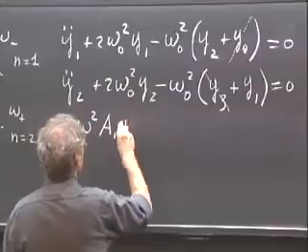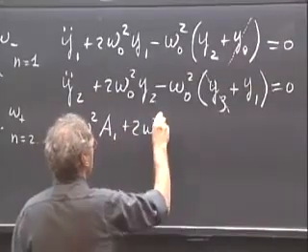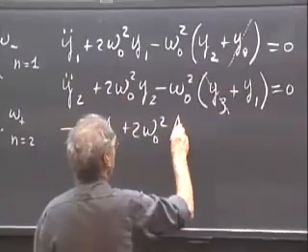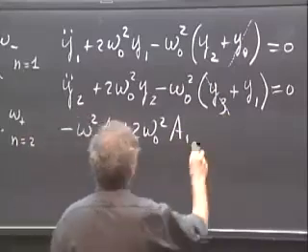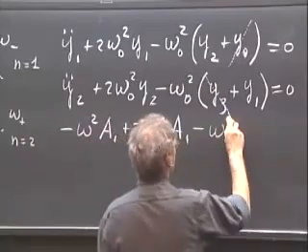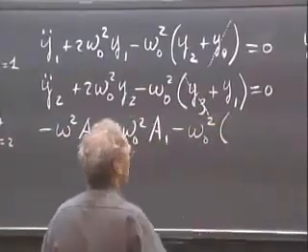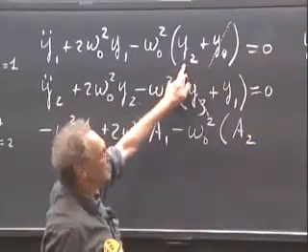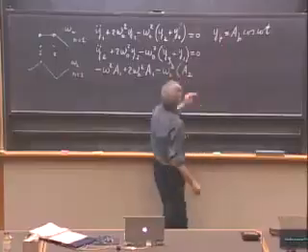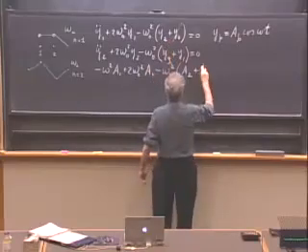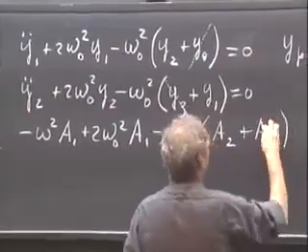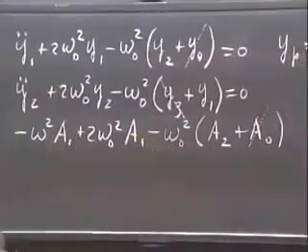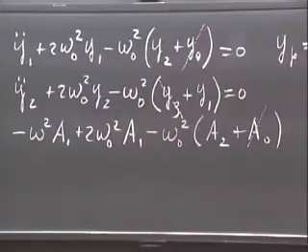Then I get plus 2 omega 0 squared times a1. And then I get minus omega 0 squared times a2, right? Because now I get a 2 plus a0, which happens to be 0, but I just put it there. You will see shortly why I want to keep it there.